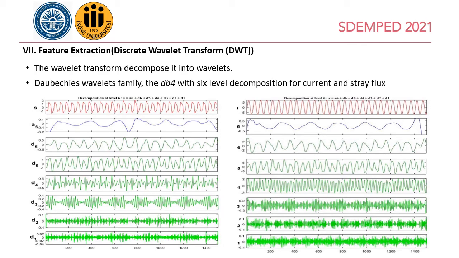The db4 with the sixth level of decomposition is chosen for the current and the stray flux signal. The figure on the right side is the current decomposition. The first signal is the original current and the rest of the signals are its decomposition. The figure on the left side shows the leakage flux signal and its decomposition.